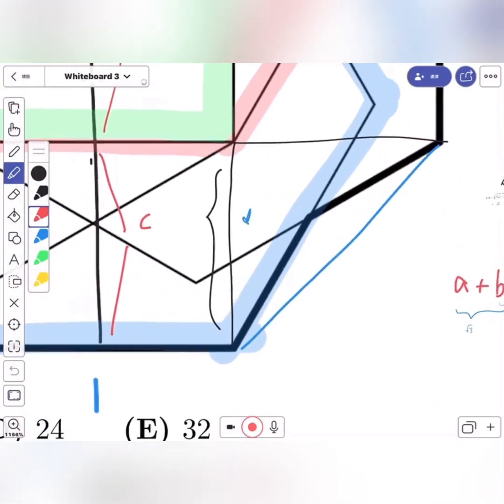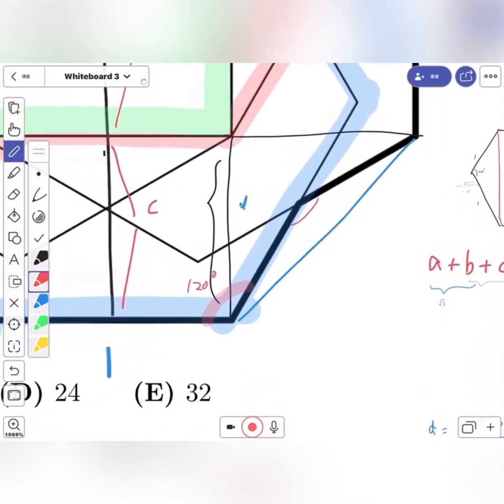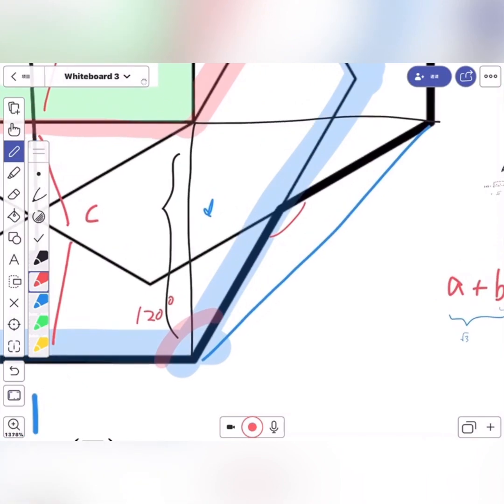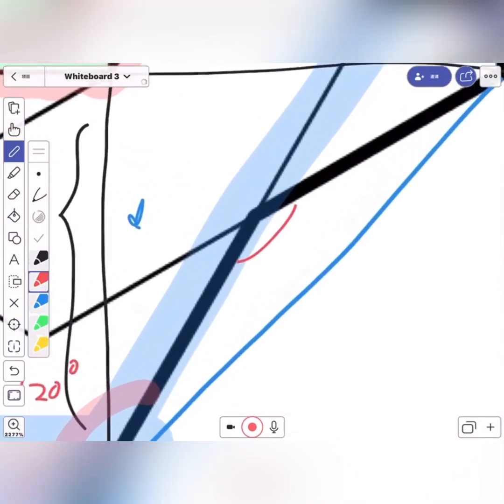Well, because we know that this angle is 120 degrees, and we also know this angle, because this angle must be 150 degrees.